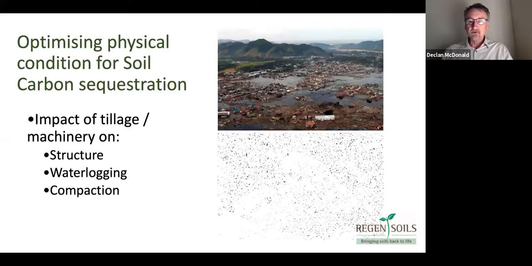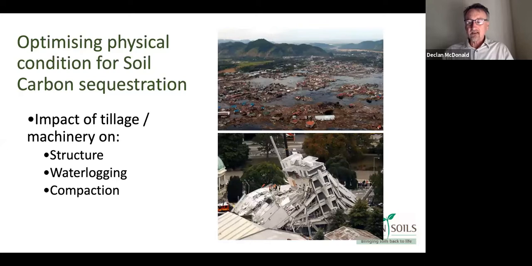When we till the soil, it's like an earthquake. If you can imagine in that building there was perfect structure that allowed people to move up and down, that allowed the drainage and aeration network to work beautifully. And then when the building is crushed, the habitat is impacted, the drainage and aeration network is ruined, and that building has to be rebuilt. Well, that's what happens when we put a plow through the ground.